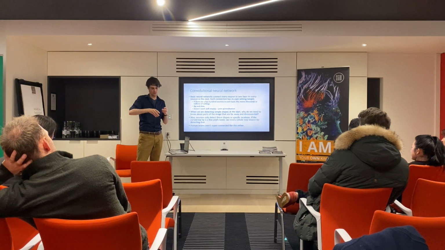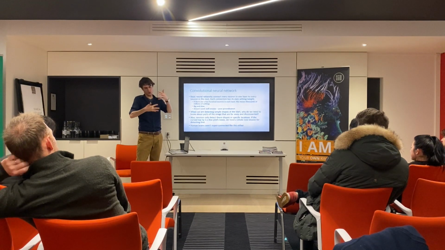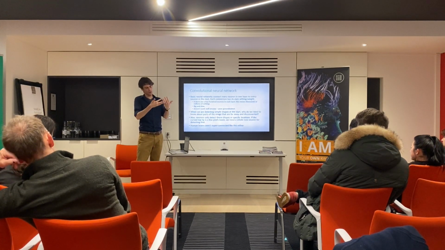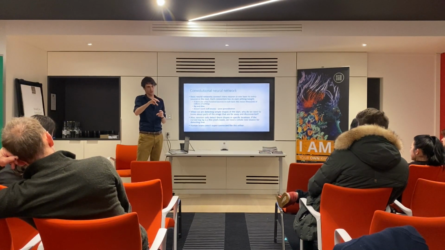If you imagine you have a few hundred neurons in each layer, then you're going to have a few hundred times a few hundred connections between them. It's quickly going to build up to millions of connections. They're all going to have their own settings. So making this thing learn, or even just putting images through it, is going to take a long time.